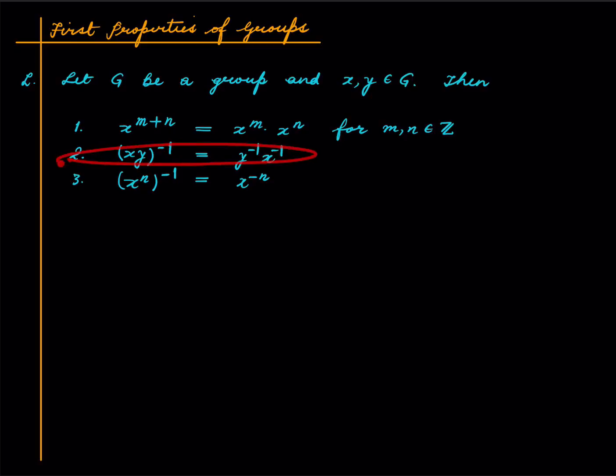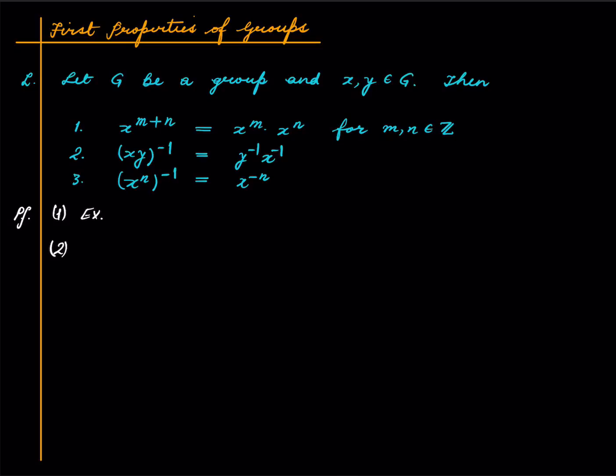Let me justify the second one. What does it even say? It says that the inverse of x star y is the same as the inverse of y star the inverse of x. So proof 1 is an exercise.